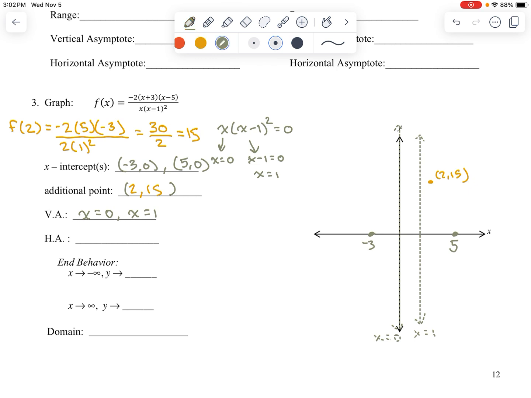Now we need to determine if this is balanced or bottom heavy. If I were to multiply the first terms, I would get -2x to the second, plus some other garbage we don't care about, over, well, x times x squared would be x to the third. So this is bottom heavy, which means the horizontal asymptote is at y equals 0.